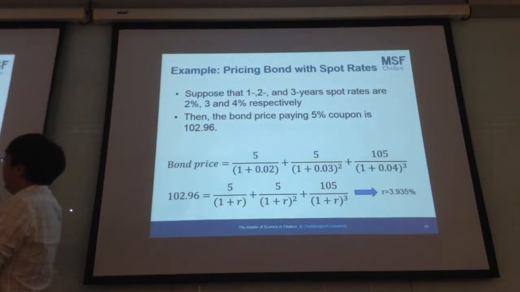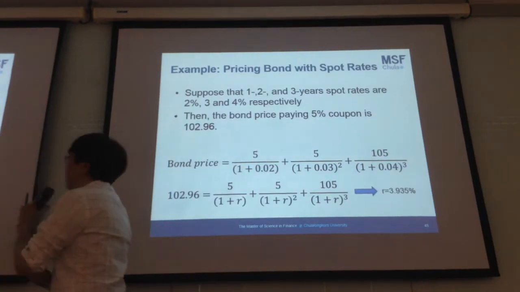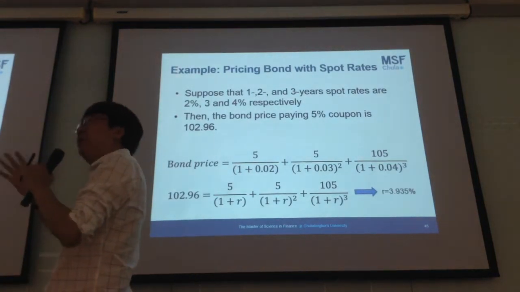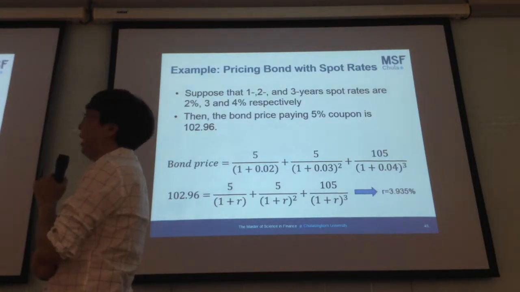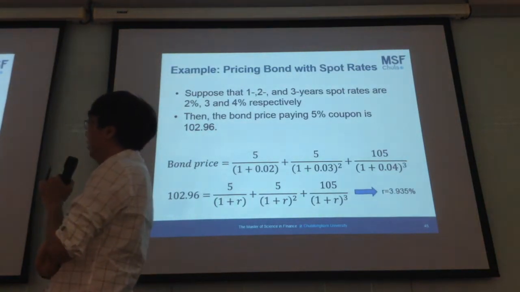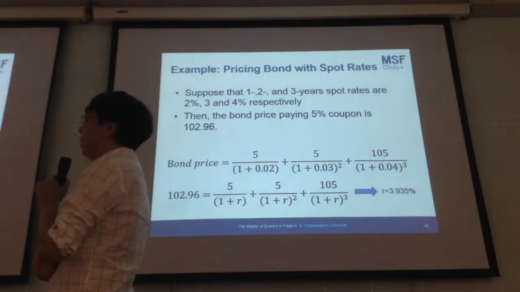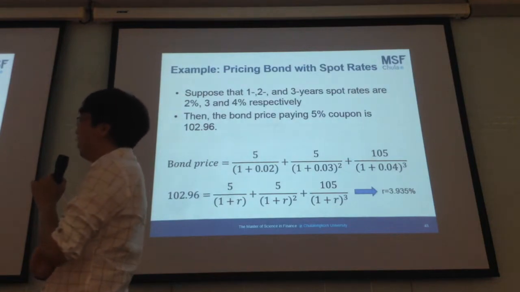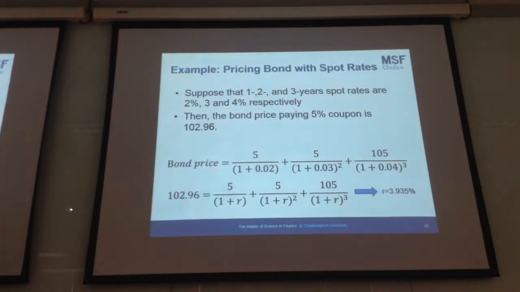This can be observed from the yield curve, or from other information that has similar risks. Suppose they are government bonds. So we can use the spot rates obtained from the zero coupon government bonds at different maturities, and then use those spot rates to price this bond.